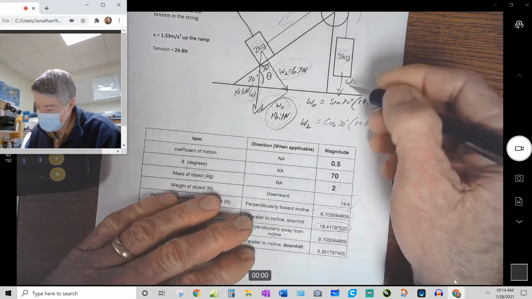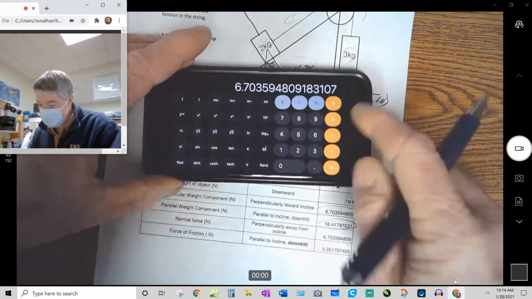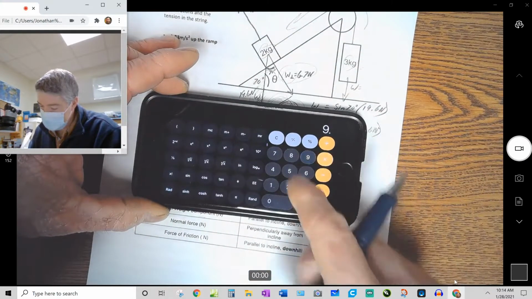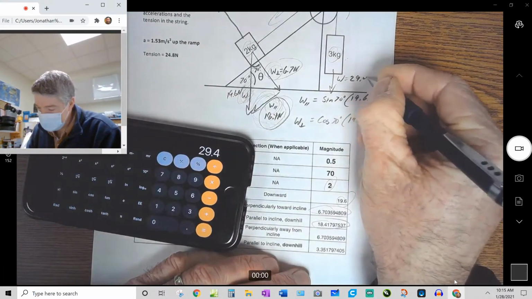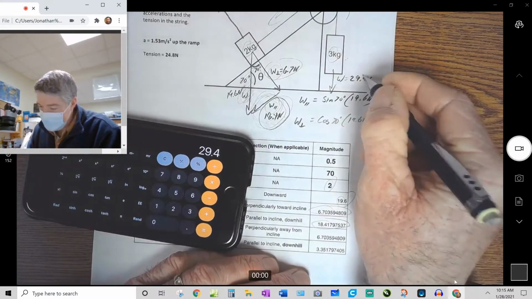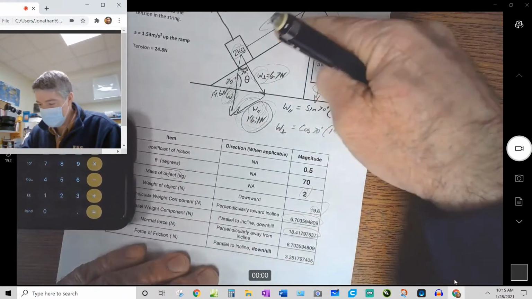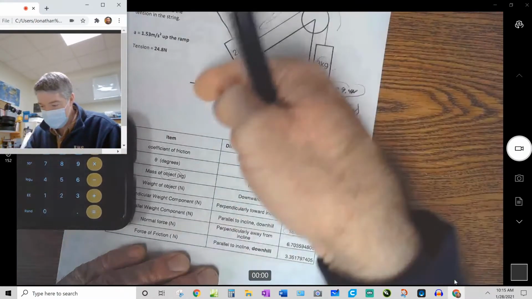Okay. Well, anyway, this answer is not really shown anywhere. 3 times 9.8, 29.4. So we've got a 29.4 Newton force pulling everything this way, and this 18.4 Newton force pulling everything that way.